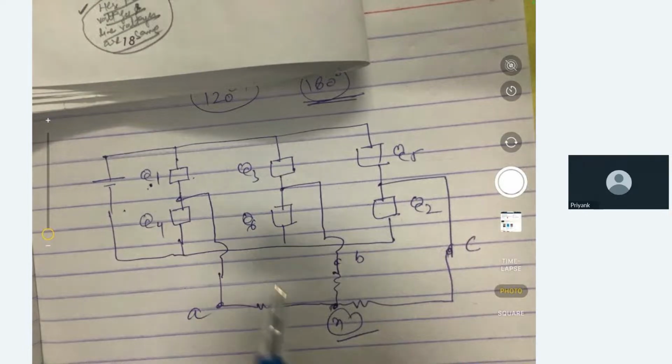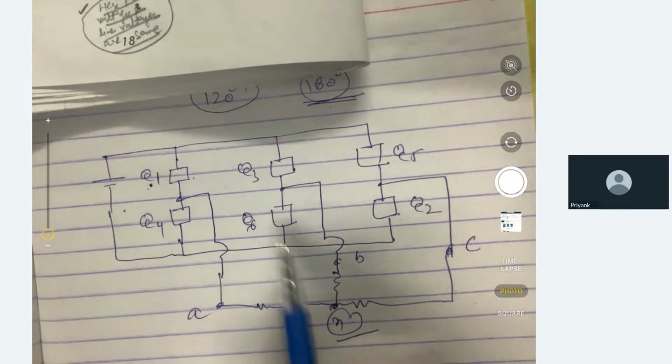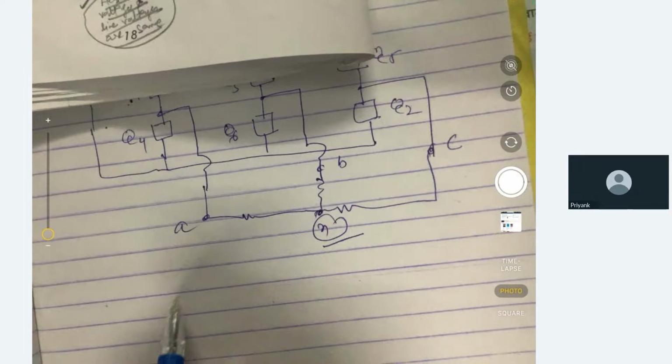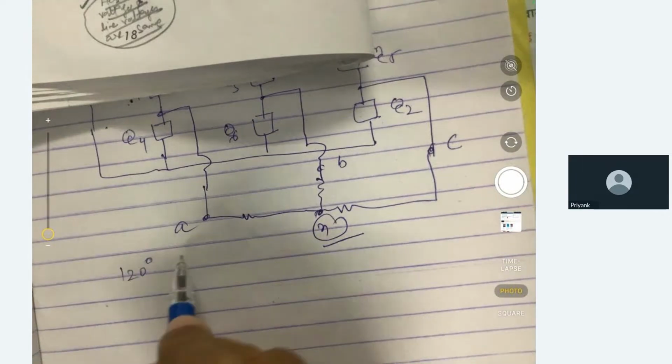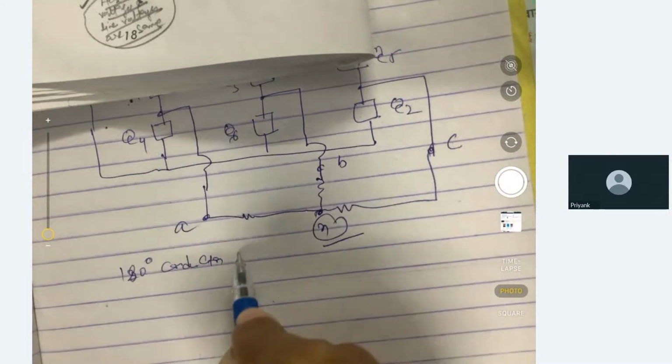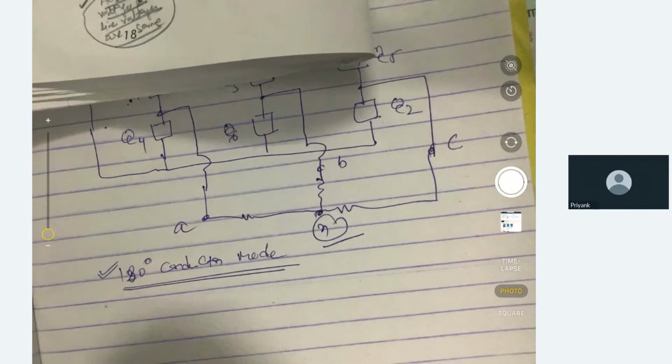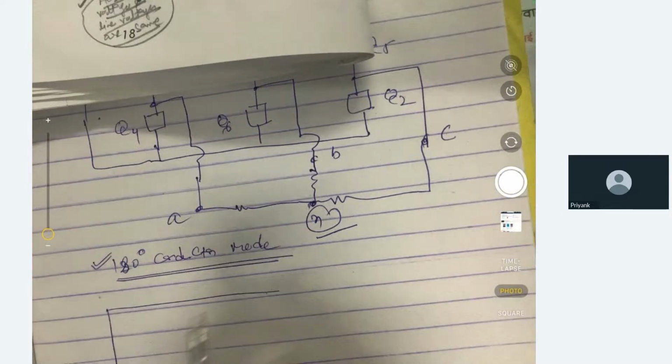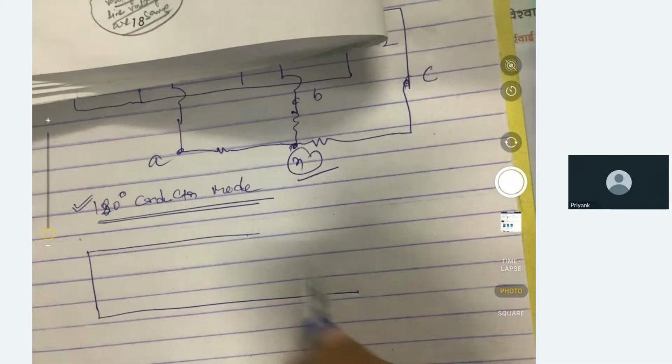So in 180 degree conduction mode, the firing sequence is important to remember. We will make a kind of table and divide this table in three parts.